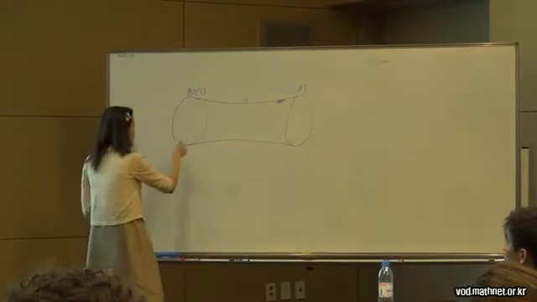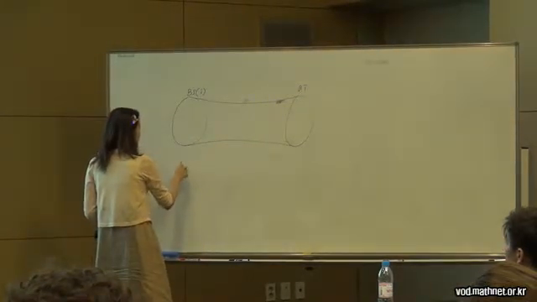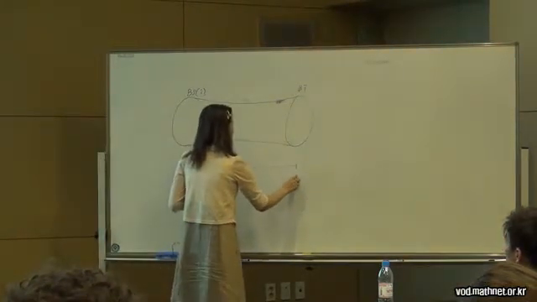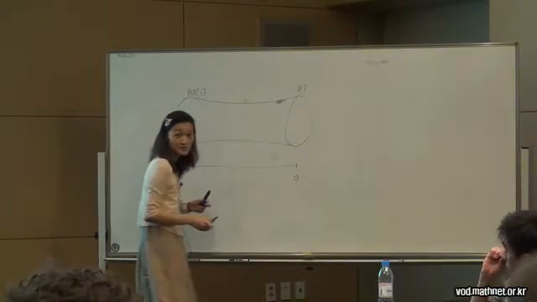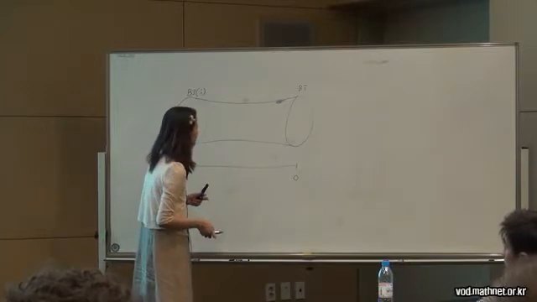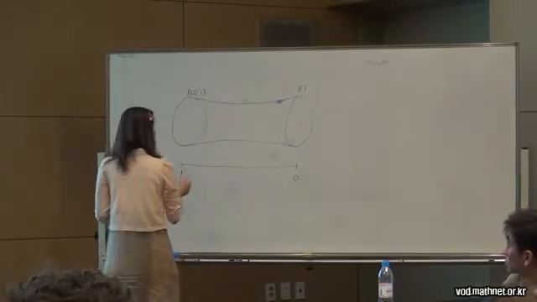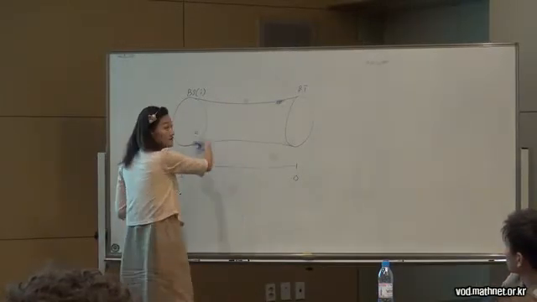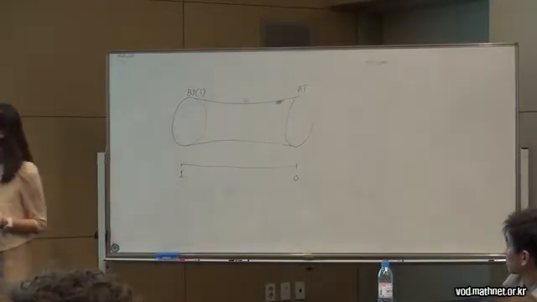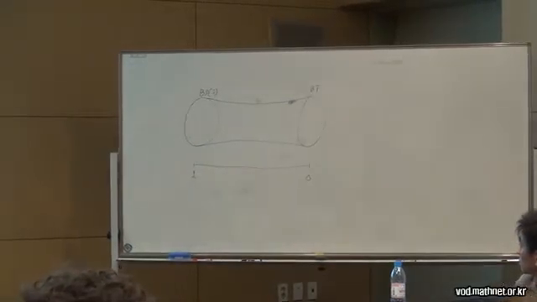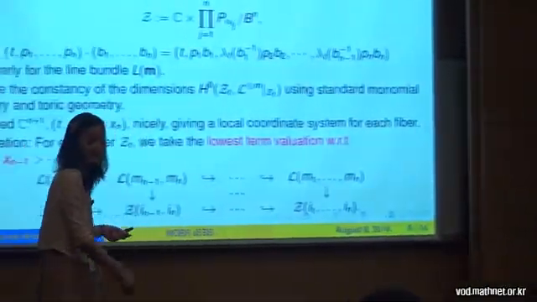So this is the fiber over 1, this is the fiber over 0. And everything is isomorphic except this special fiber. And also we construct a line bundle on top of this Z, which by restricting to each fiber, you get one for the Bott-Samelson variety, the other for the Bott tower.